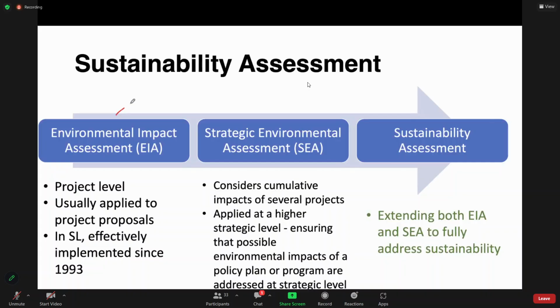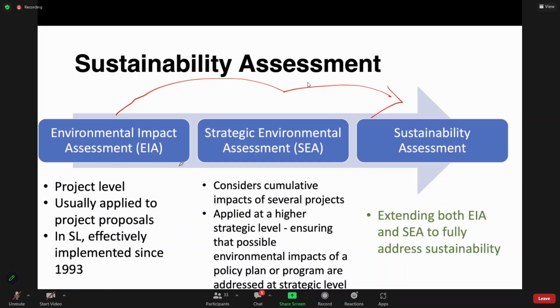So as we were saying, the idea is to develop these EIA, the environmental impact processes, even further to make them into sustainability assessment processes.